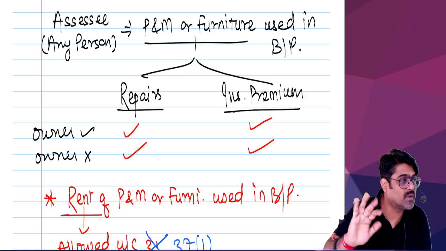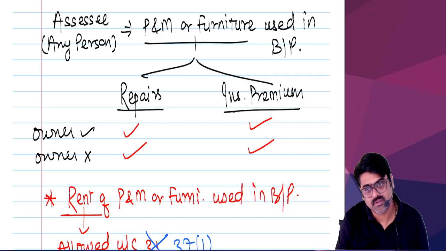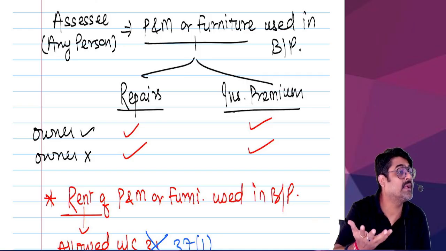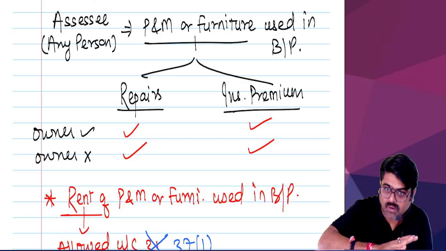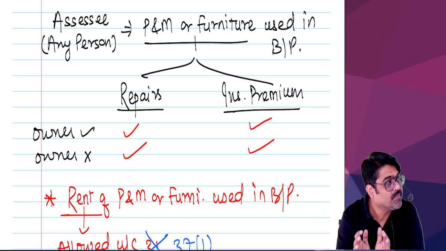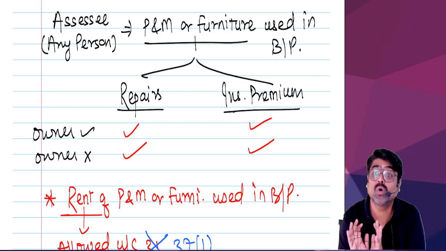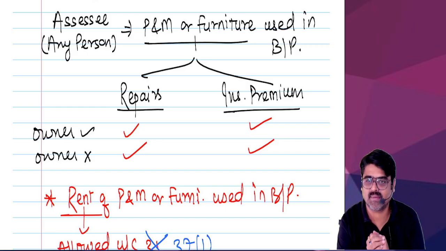Is it a repair to the furniture? Yes or no? Because of that, the value of my furniture will not increase. It is just to keep the asset in the usable condition in my business, I might incur some expenses.